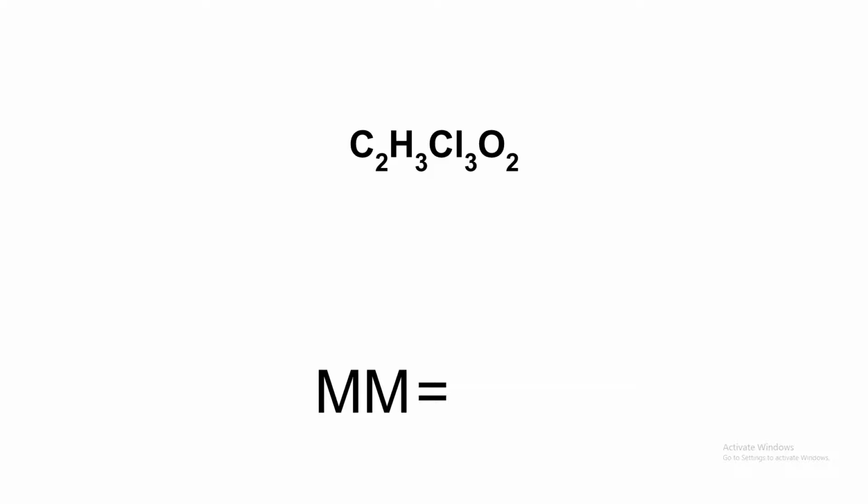So the molar mass of C2H3Cl3O2 can be found by first finding the mass for C2, which will be the mass of C, 12.01, times 2, which is the number of moles, and that equals 24.02. We're going to do this for H as well. The mass of H being 1.01, we'll multiply that by 3 because there's 3 moles of it, and that'll be 3.03.